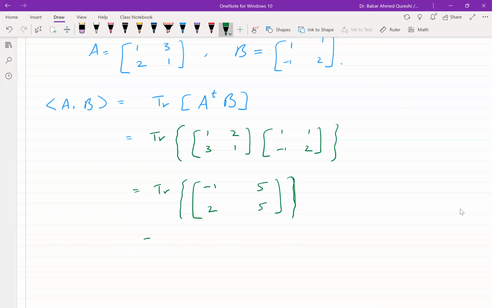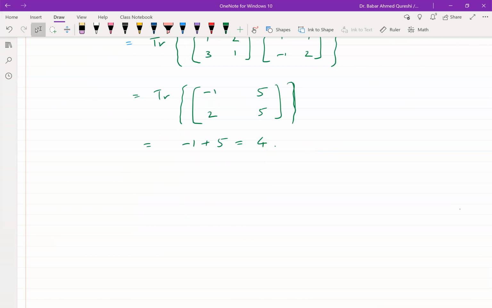So the trace is just the sum of the diagonal entries. So it's 4. So the scalar product is 4. And if I compute the length square of A, it's just this.